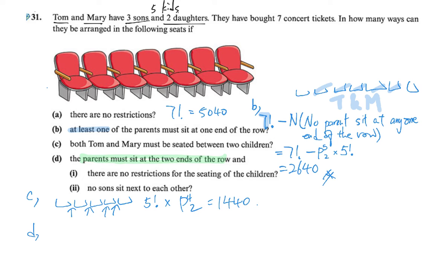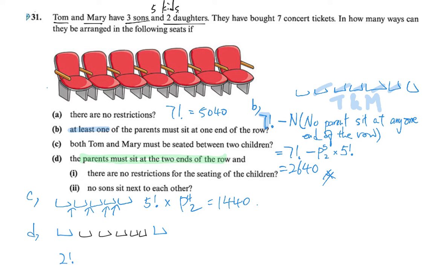What's the question in D1? And there are no restrictions for the sitting of the children. So it means you should prepare the two ends first. So you have 2 factorial. And then you can arrange the other 5 right between these two.